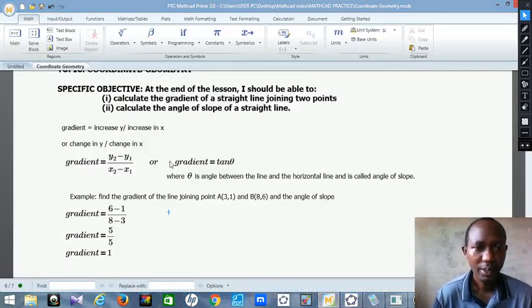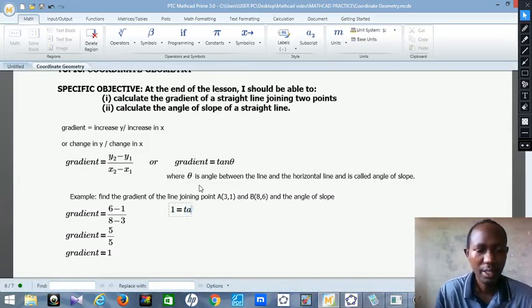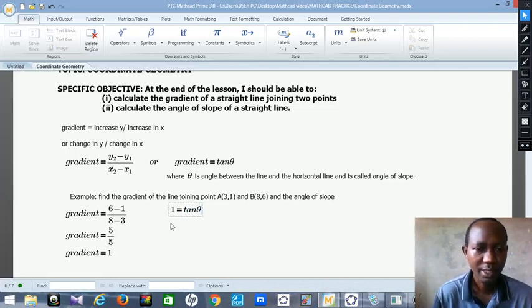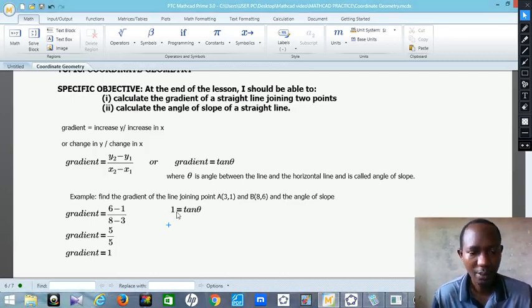If you want to get the angle of slope, you need to calculate the gradient first. Now that the gradient is 1, all you need to do is 1 equals tan theta. So if 1 is equal to tan theta, then you need to find the inverse of this tan. By the time you find the inverse of tan, you have theta.